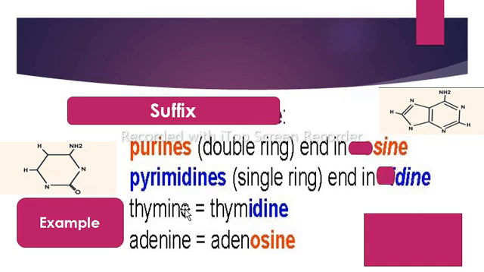For example, if the nucleoside contains pyrimidine, it will have the suffix dine, like thymidine, uridine or cytidine, and if the nucleoside contains purine, it will have the suffix sine, like adenosine, guanosine, etc.